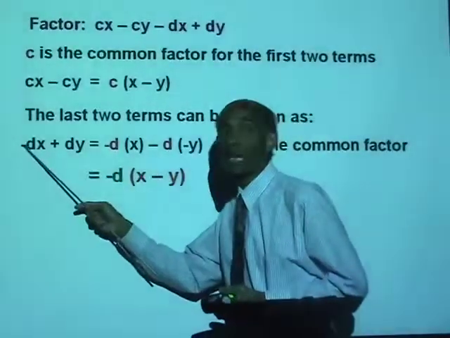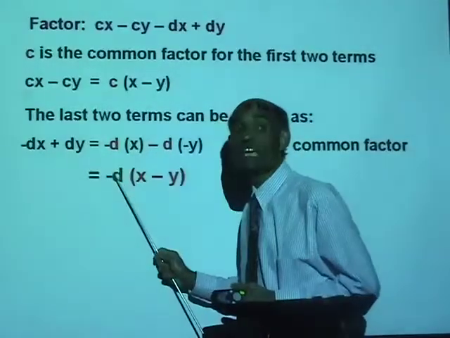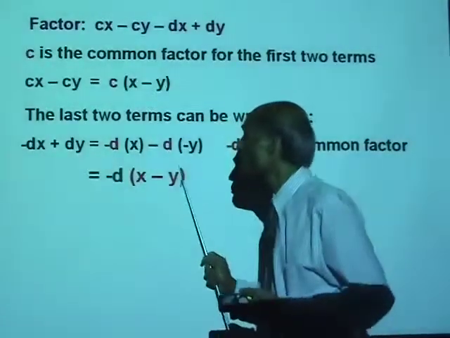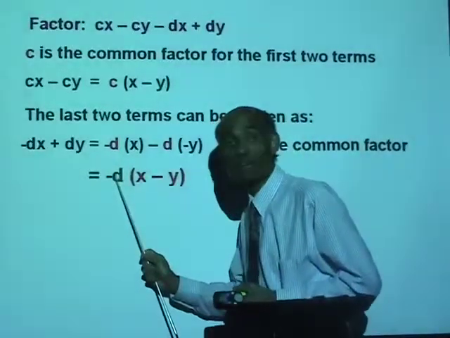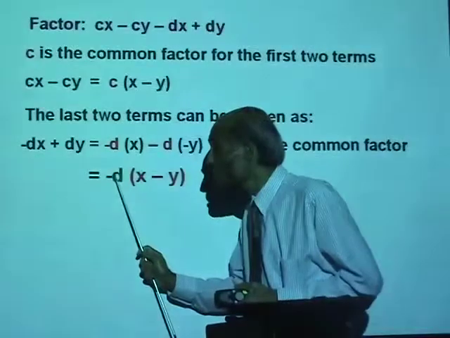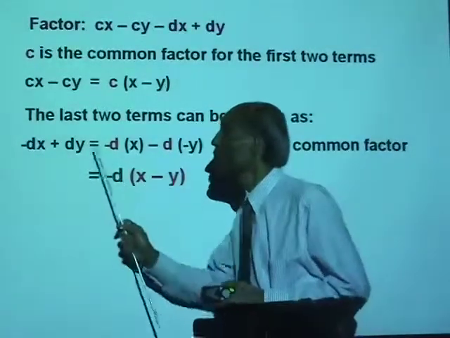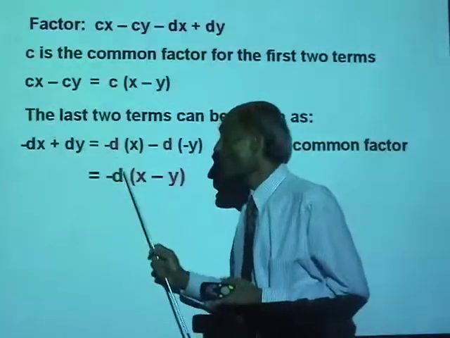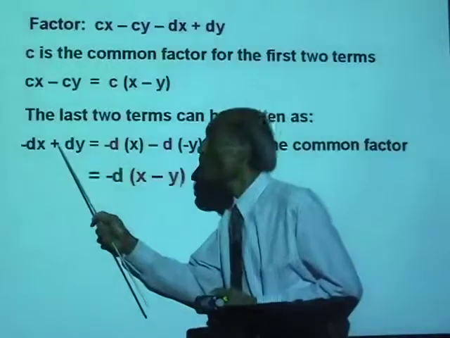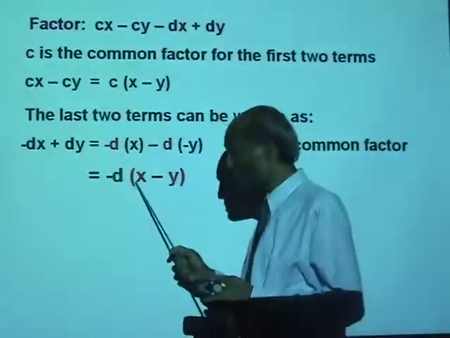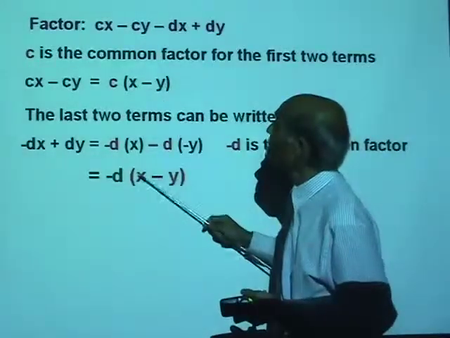So negative dx plus dy equals negative d times x minus y. Do you want to check whether this is right? Simply multiply. Negative d times x is negative dx, and negative d times negative y is positive dy. So this is correct.